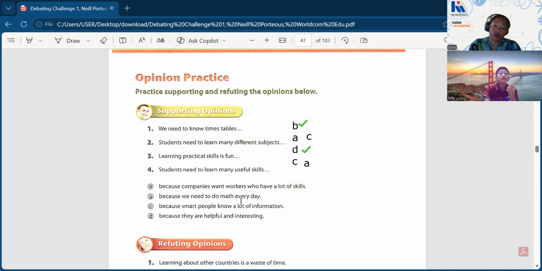who have timetable because we need to mark every day. Students need to learn many different subjects because smart people have a lot of information.